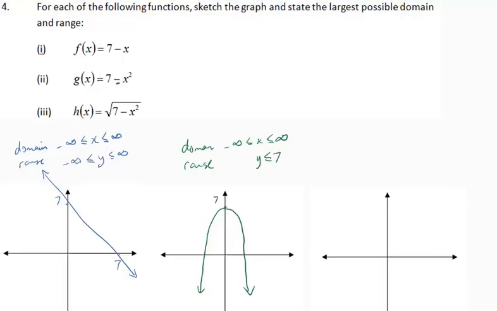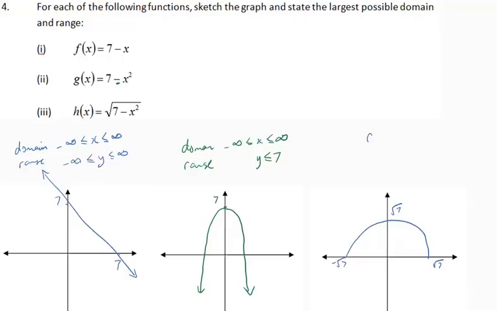Okay, so for our third one here, what we have is our equation of the semicircle. We draw this one in, and so here root 7, root 7, this negative root 7, this is where we're cutting our y-axis and our x-axis here. So our domain is between negative root 7 and positive root 7 here.